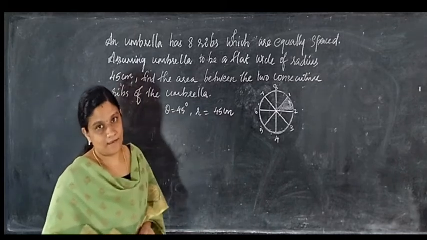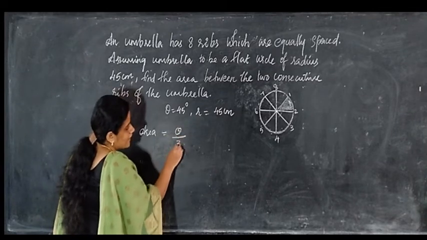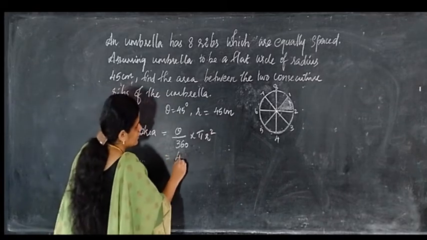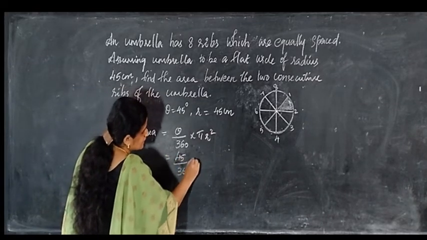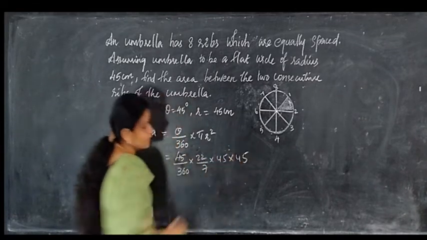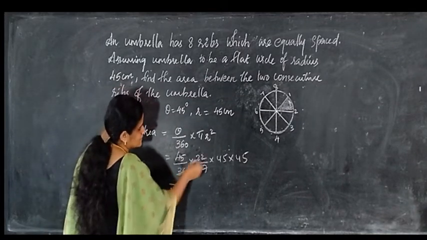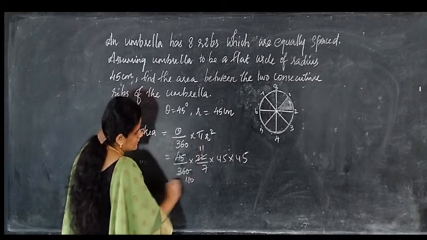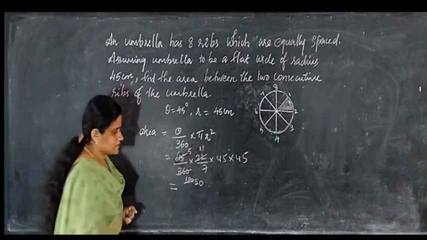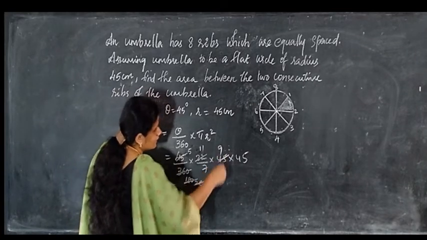Now we can find the area. Area is equal to theta by 360 into pi r square. That is 45 by 360 into 22 by 7 into 45 into 45. Can we cancel here? Yes. 360 and 45, 11, 180 again. 45 5 times, 180 20 times. Again 20 and 45, here 4 times, here 9 times.